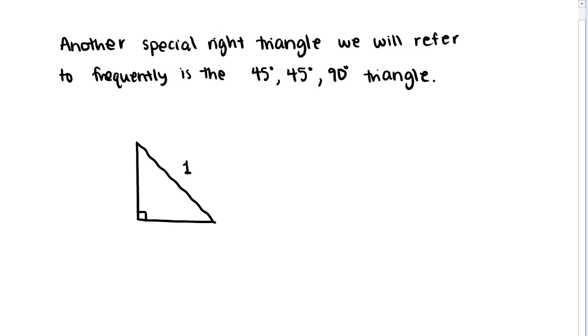This is going to be the one that appears the most frequently in this class. So here I'll just label the angles 45 degrees, 45 degrees. For this 45, 45, 90 triangle, this is an example of what's called an isosceles triangle, a triangle with two identical angles.